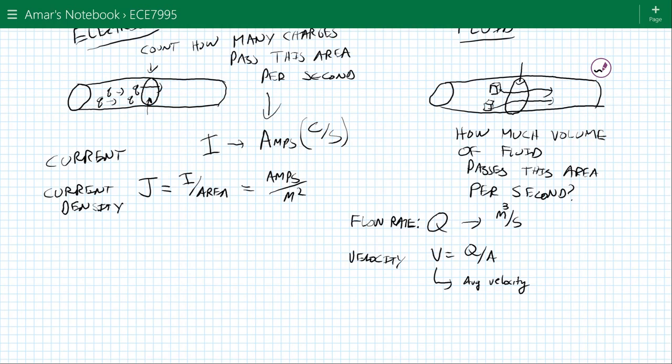So if you're forcing a certain amount of flow rate through a pipe, and then you shrink down the size of that pipe, but you're still jamming the same amount of flow through there, the velocity of the flow is going to be higher, right? You guys have all seen this when you squeeze a pipe. The velocity increases in the region where you make the pipe smaller.